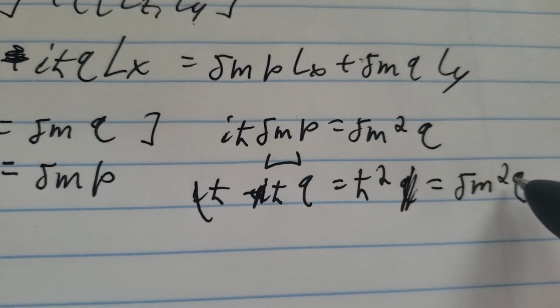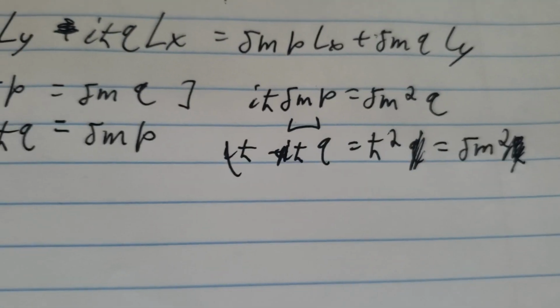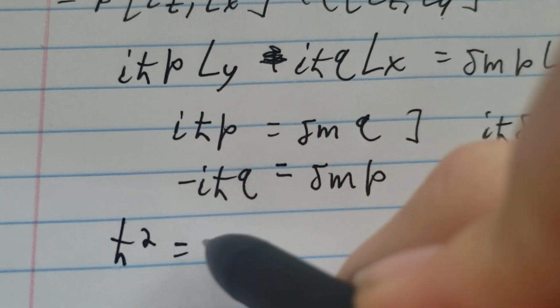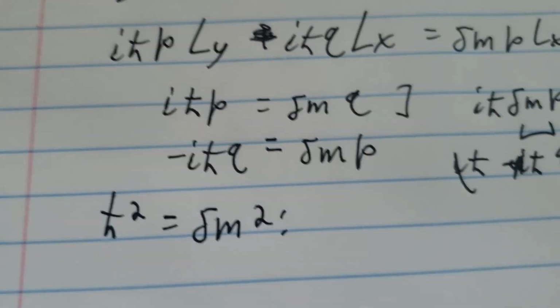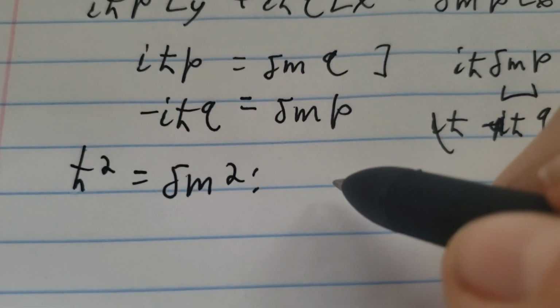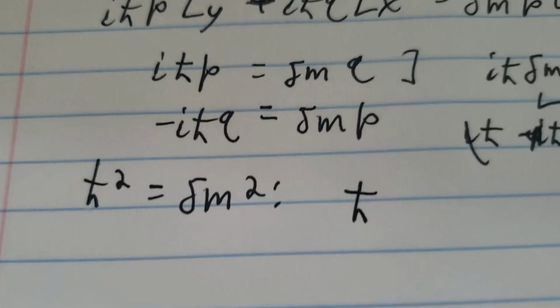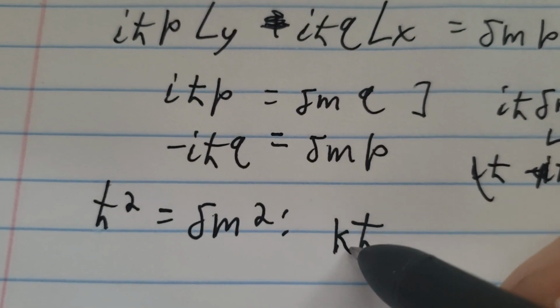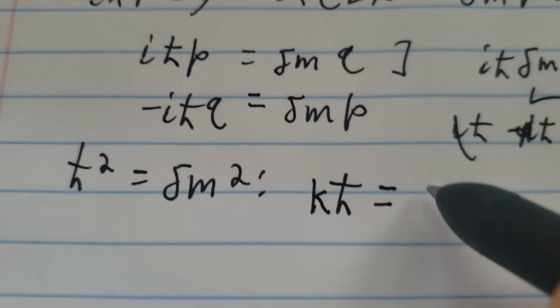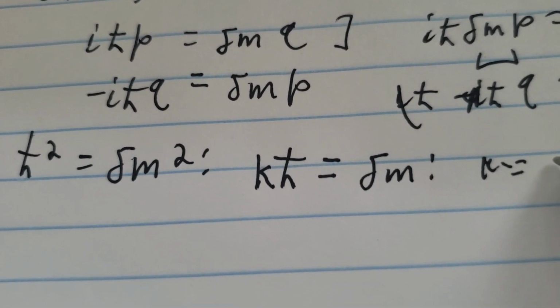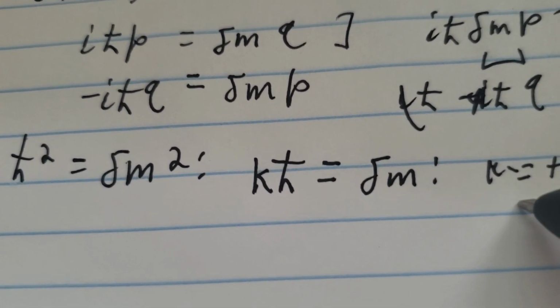Well, you can cancel out the factor of q. We don't want q to be 0, so that means that h bar squared equals delta m squared. In our case, that gives us two possibilities. k h bar equals delta m, where k is equal to positive 1 or negative 1.